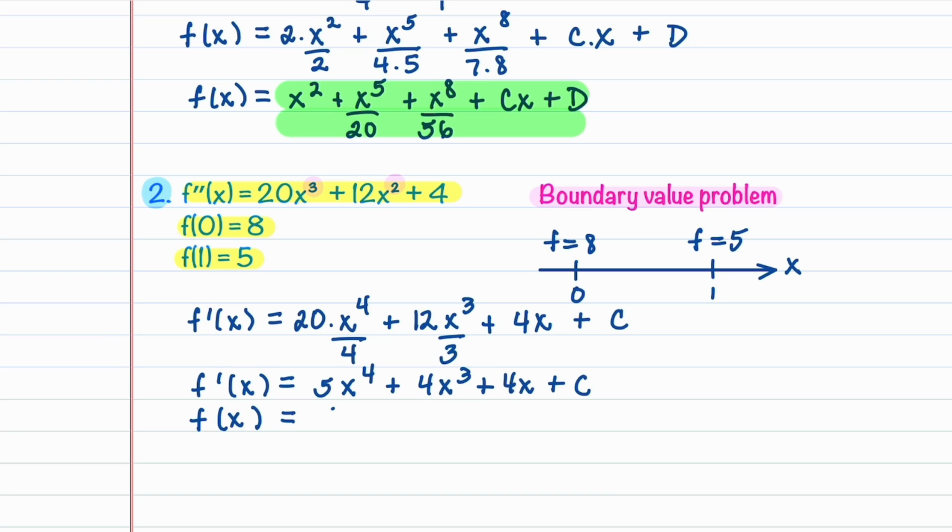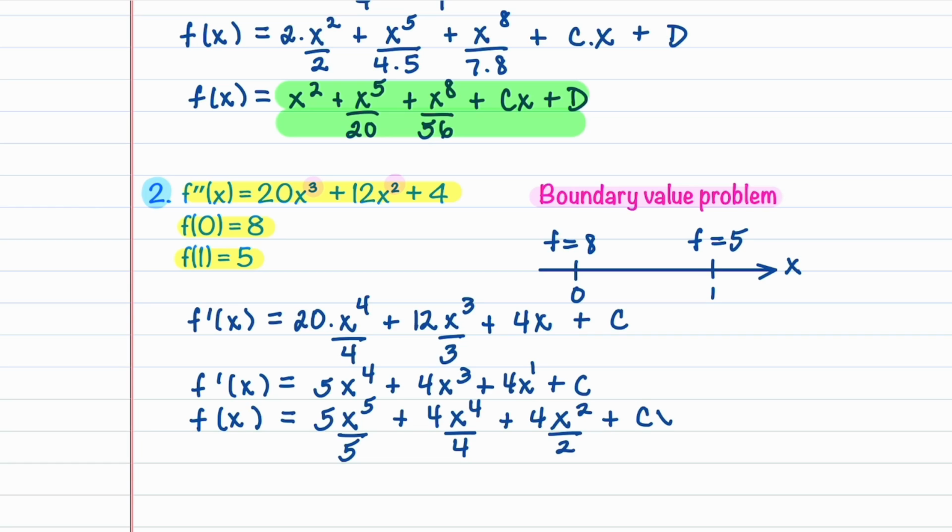And this is going to be 5x to the 5. We're just adding 1 to 4 divided by 5 plus 4x to the 3 plus 1, which is 4, divided by 4, plus 4x, think about that as a 1. We're going to add 1 to that, so 1 plus 1 is 2, so we have an x squared over 2.